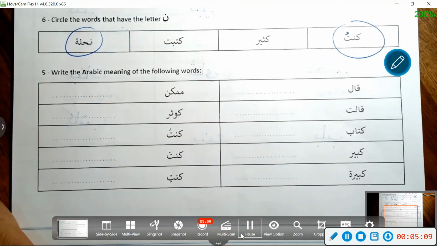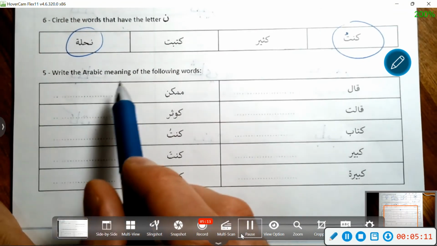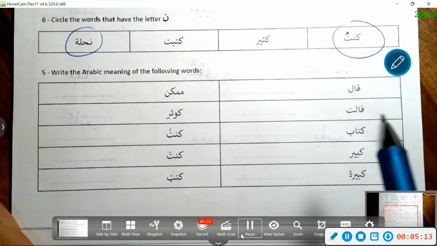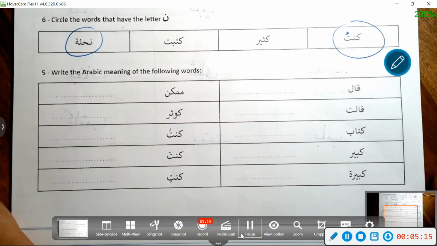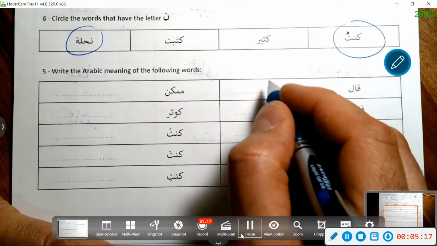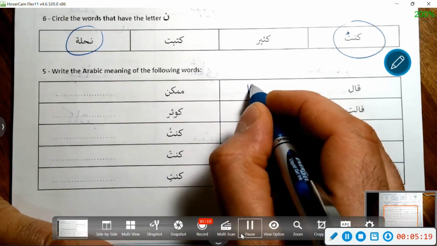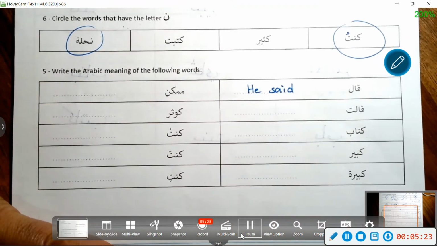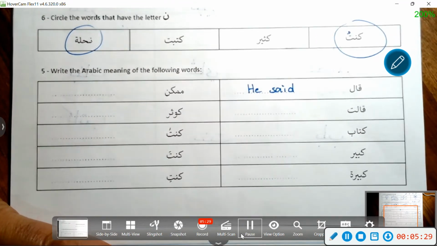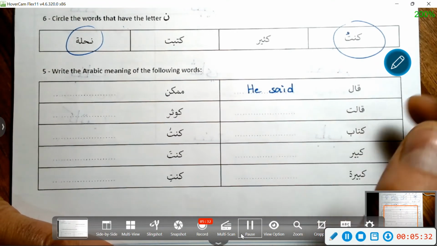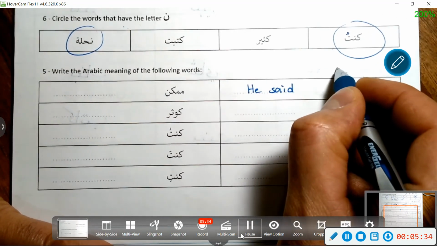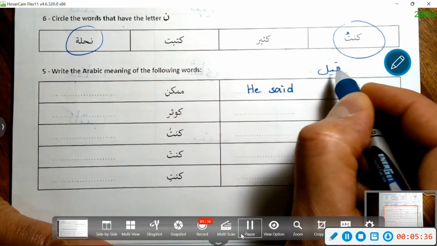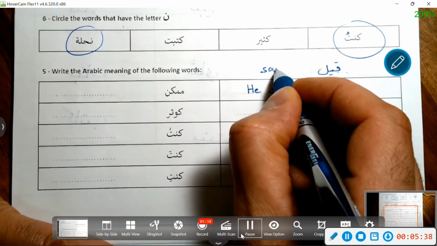Question number 5, write the Arabic meaning of the following words. Qal, he said. Now some of you said it means said, and that's not correct. It's not just said, it's he said. Because said alone means qil, it means something has been said.